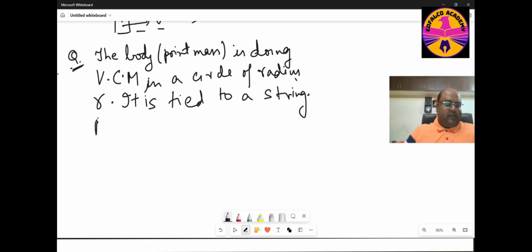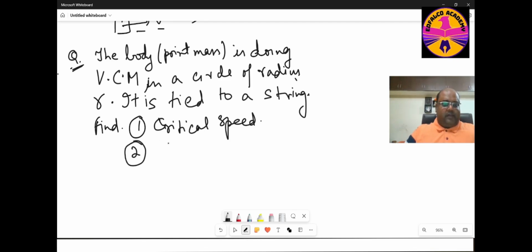So we have to find, number one, the critical speed of this particular mass. And second thing, we need to find the speed, which means the magnitude of the velocity, at the lowermost point, or the lowest point.